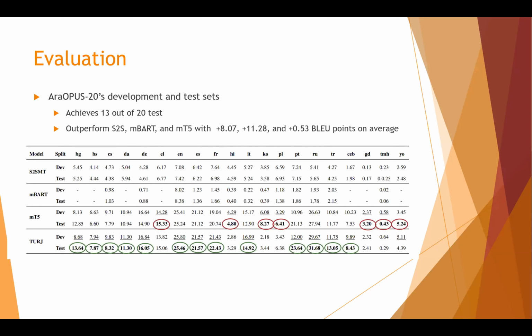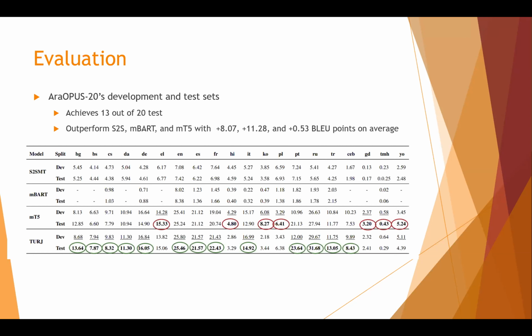Okay. The results, as you see in this table, on our Opus 20 development and test sets, TURJUMAN outperforms the other baselines, achieving the best results in 13 of the 20 languages on the test set of our Opus 20.